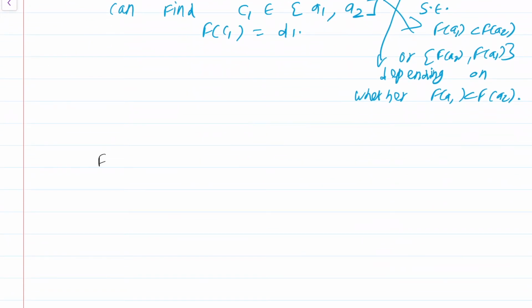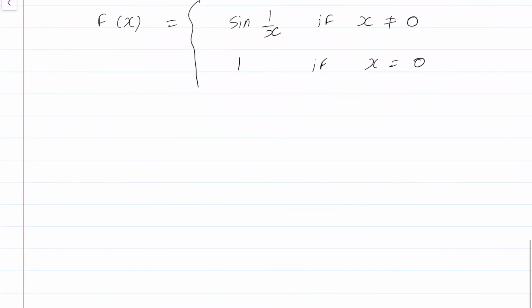This function f(x) is defined to be sine(1/x) if x is not 0, and defined to be 1 if x equals 0. I'm defining a function in two pieces. Now, let me attempt to draw this function.